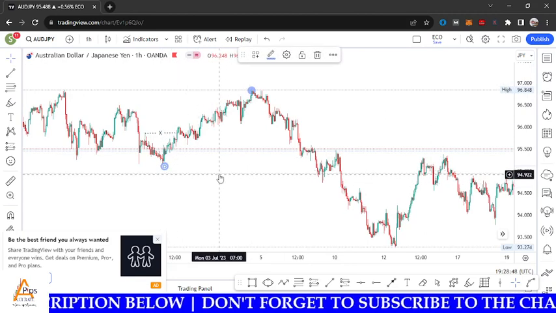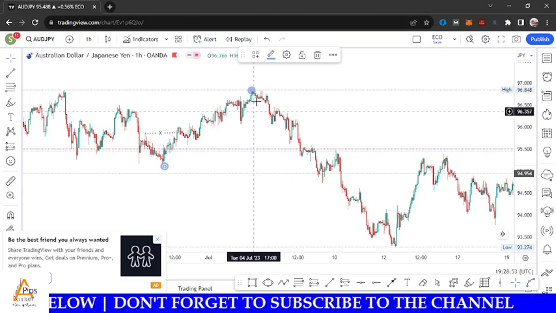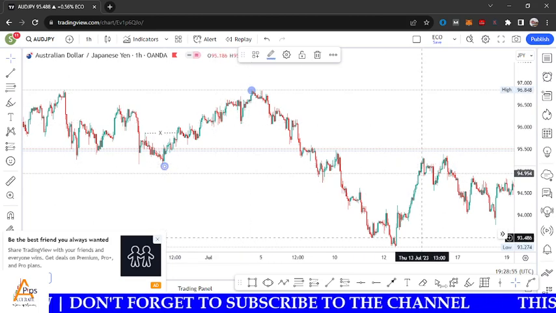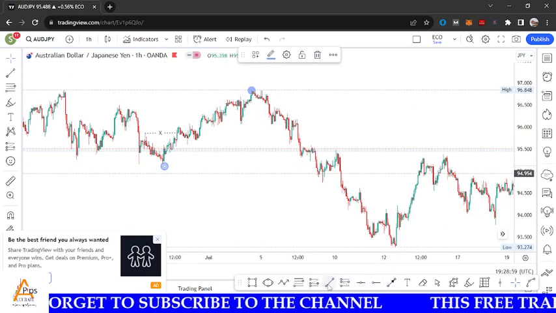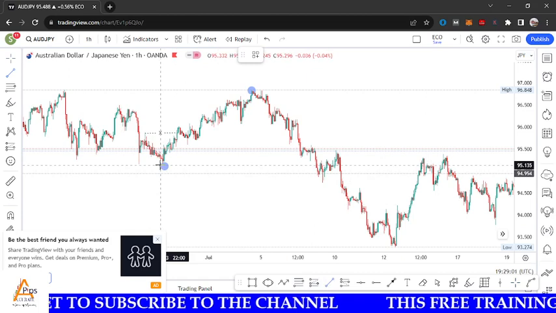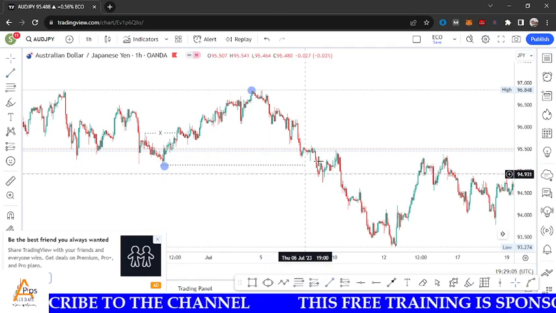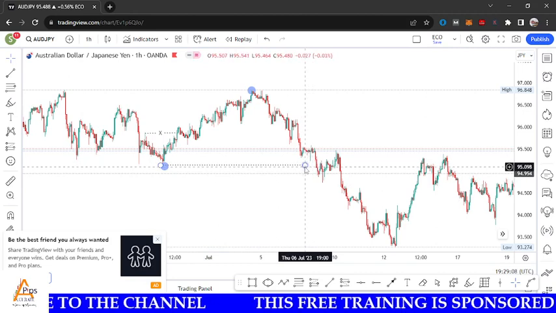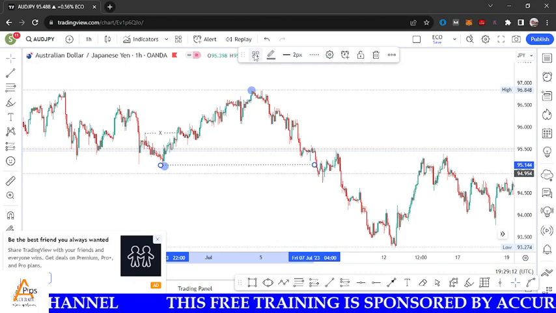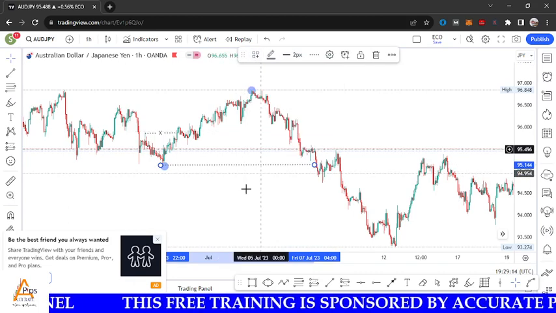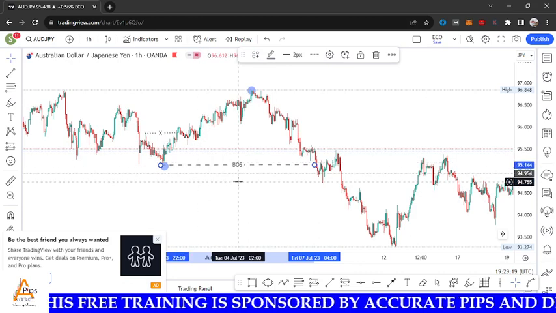So over here, we have our low. Then this high is confirmed when we took out this low over here. A candle body close below over here confirms our break of structure, and then we continue the downtrend.